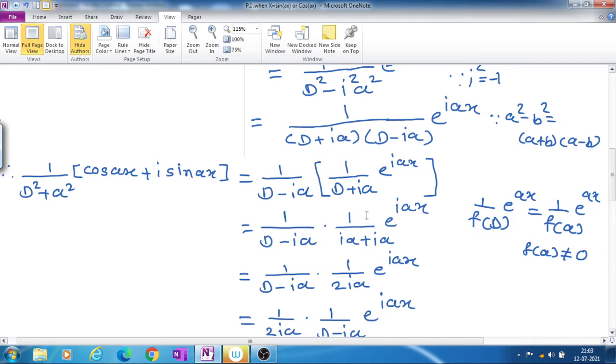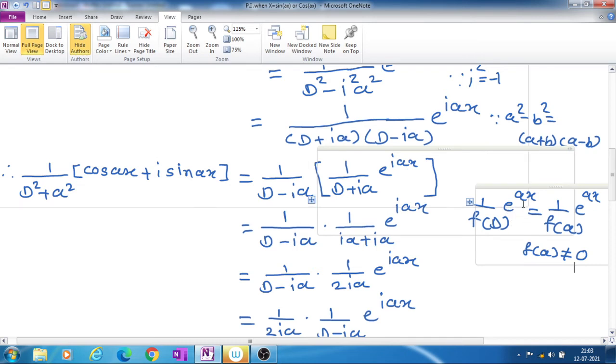So first we have this d minus ia, 1 upon d minus ia is kept as it is, and first we operate 1 upon d plus ia into e raised to iax, because in our formula there is e raised to ax, coefficient of x is a, here coefficient of x is ia, so we have to substitute here d by ia.